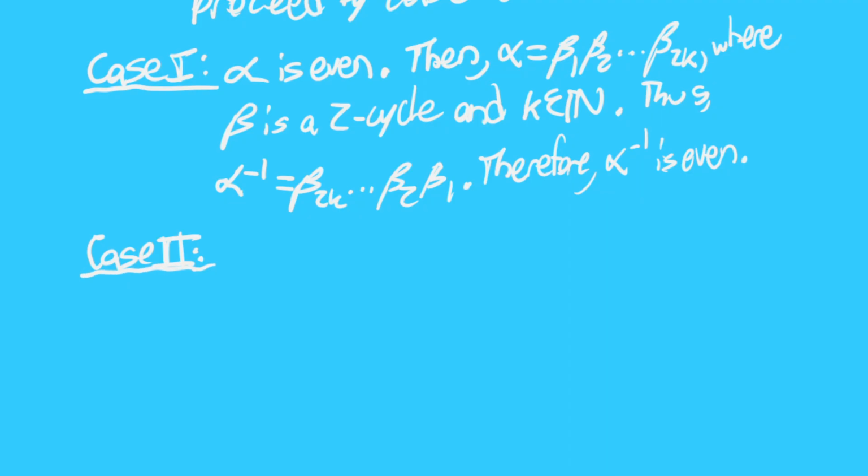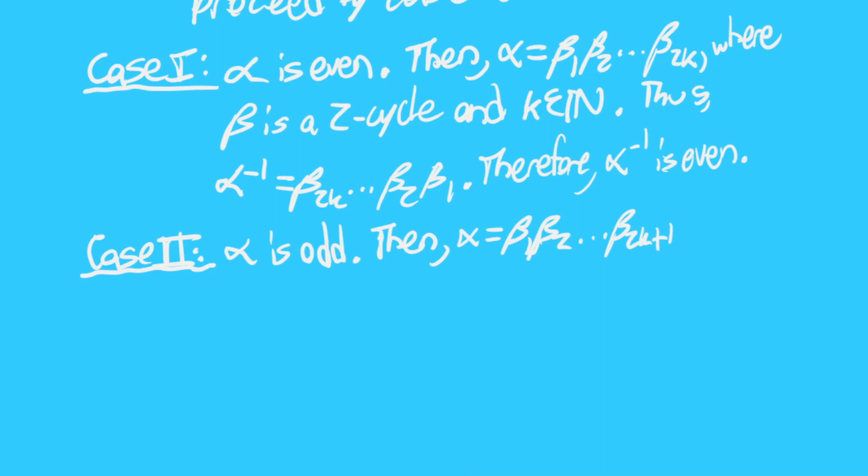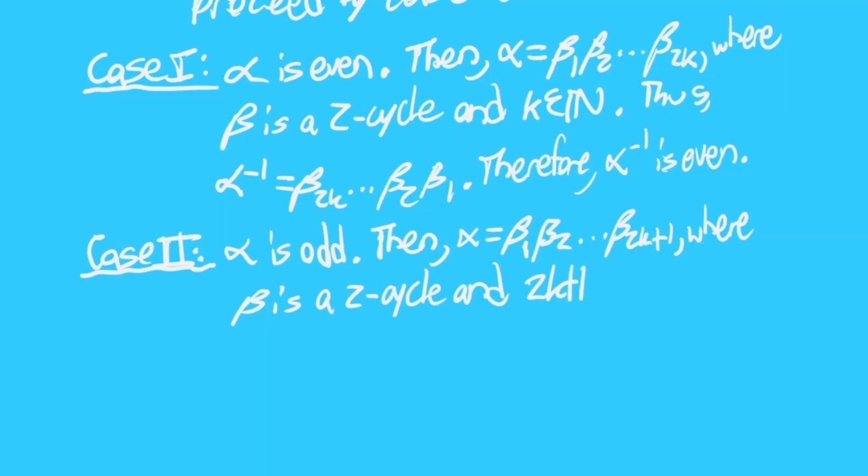Now let's look at our second case. We have alpha is odd. So then we have alpha equals beta 1, beta 2, up to beta 2k plus 1, where each beta is a 2 cycle and k is a natural number.